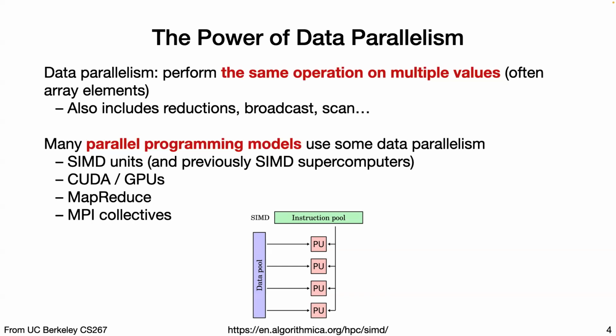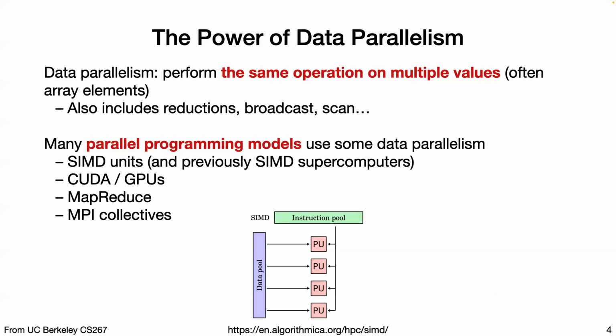Previously, there were supercomputers that were just based on the SIMD paradigm. CUDA and GPUs are pretty much all SIMD. And there's MapReduce, which uses two basic primitives, map and reduce, which are also SIMD instructions, and MPI collectives, which we'll learn more details about later, but those include things like doing the same operation for everyone, like reduce or broadcast.